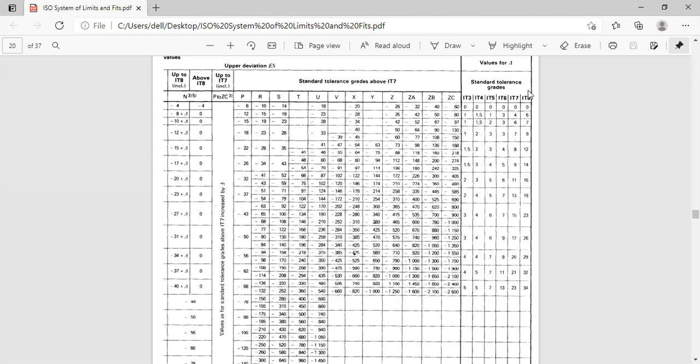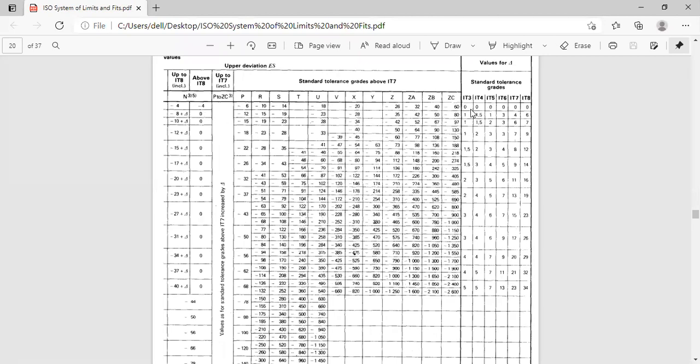And he has given the values for this one, IT3 to IT8. He has given this delta, the increment. So you have to add this value to this value, minus 4 plus delta. Here it is 0, minus 8 plus delta.